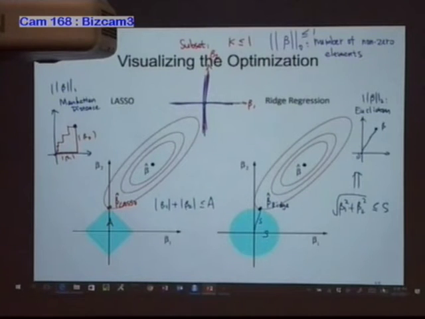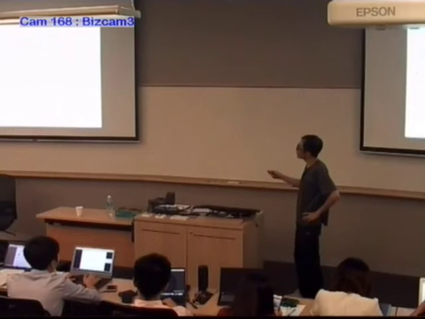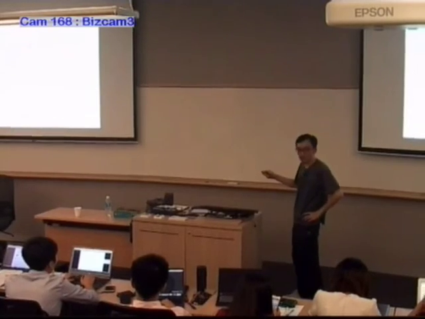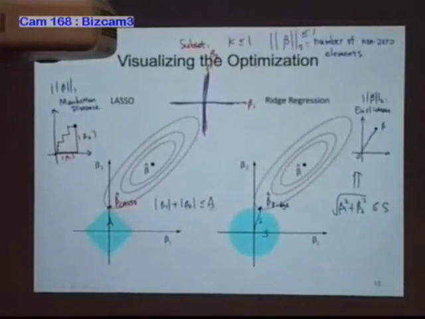Let me leave the picture here. The size of this circle or the size of this diamond is determined by this constraint, how far you can go from the origin.